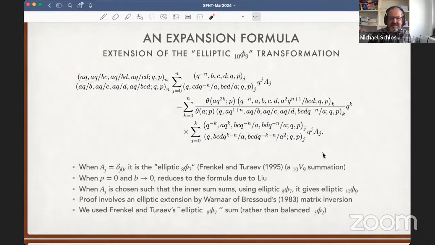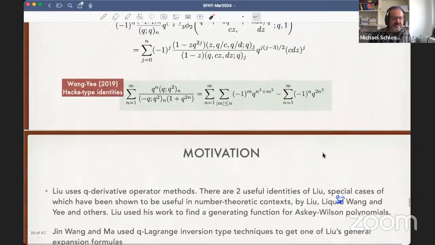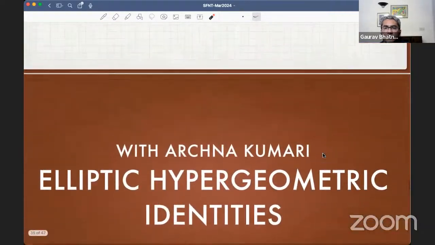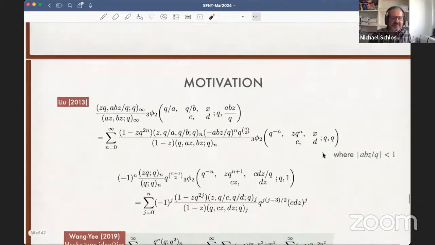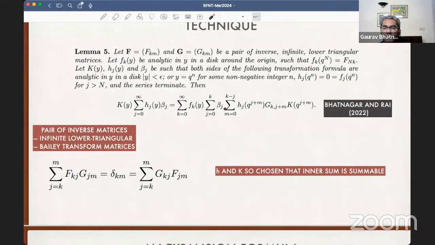And this AJ can depend on n, I guess? No, it doesn't depend on n. It must not depend on n, because it's the last sum, you could cancel the n products. No, you can't, so this is not allowed. This indicates pretty much what you can allow.